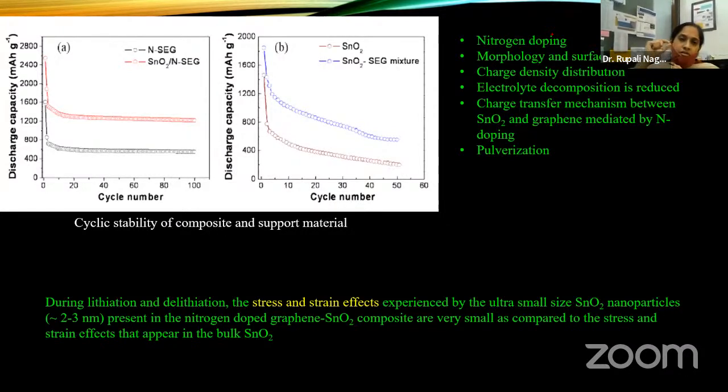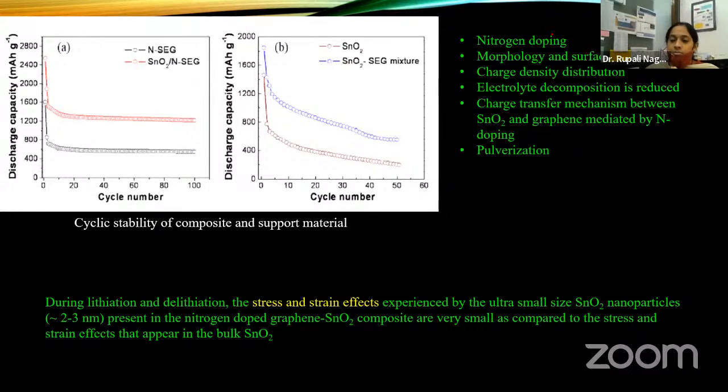The metal oxide nanoparticle size was about 2 to 3 nanometers, so very, very fine metal oxide nanoparticles could be grown on this. Because the size is so fine, the volume expansion, if it is happening, is relieved by the graphene sheets.